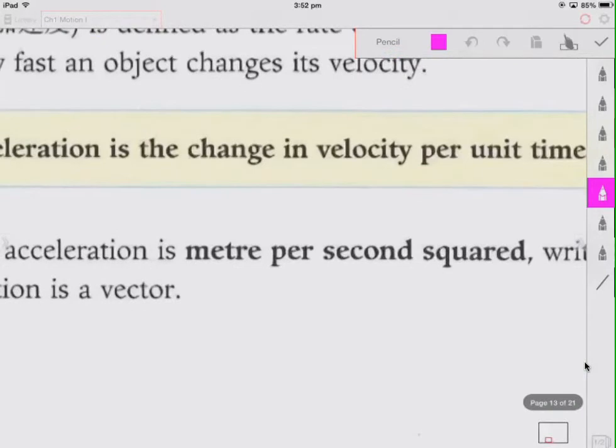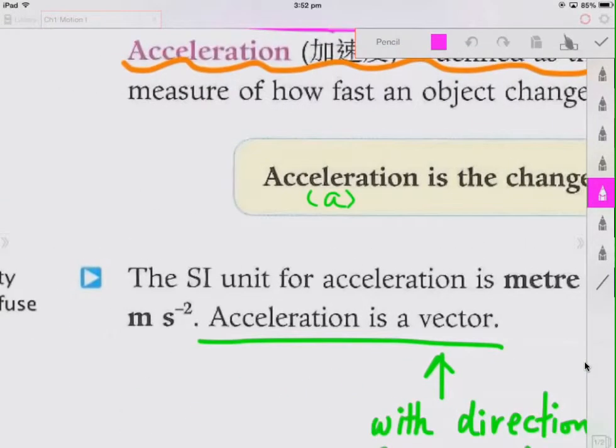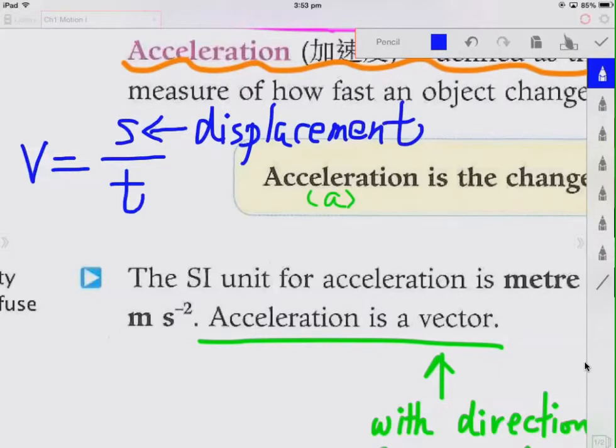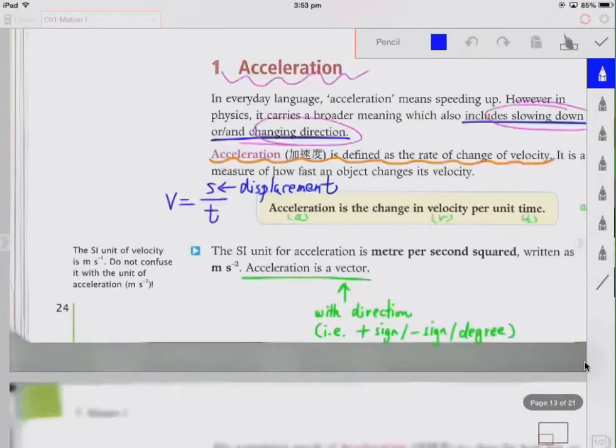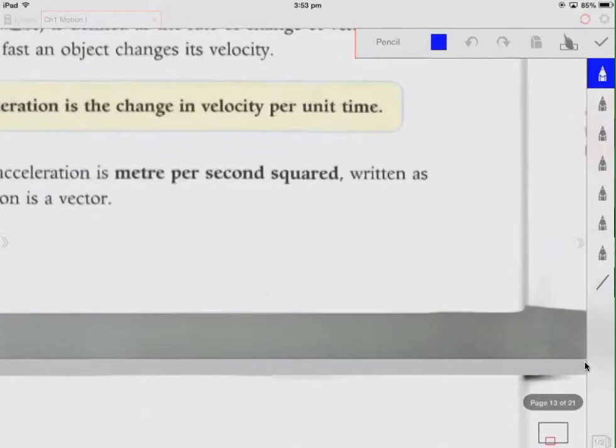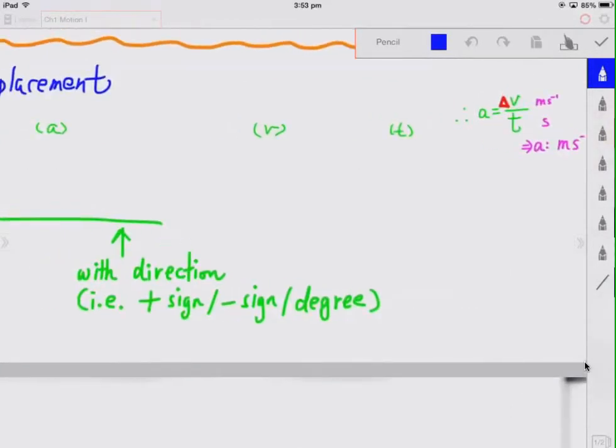Before, we have learned velocity equals displacement over time. In physics, we will use s to represent displacement. And this time, acceleration is the change in velocity per unit of time.